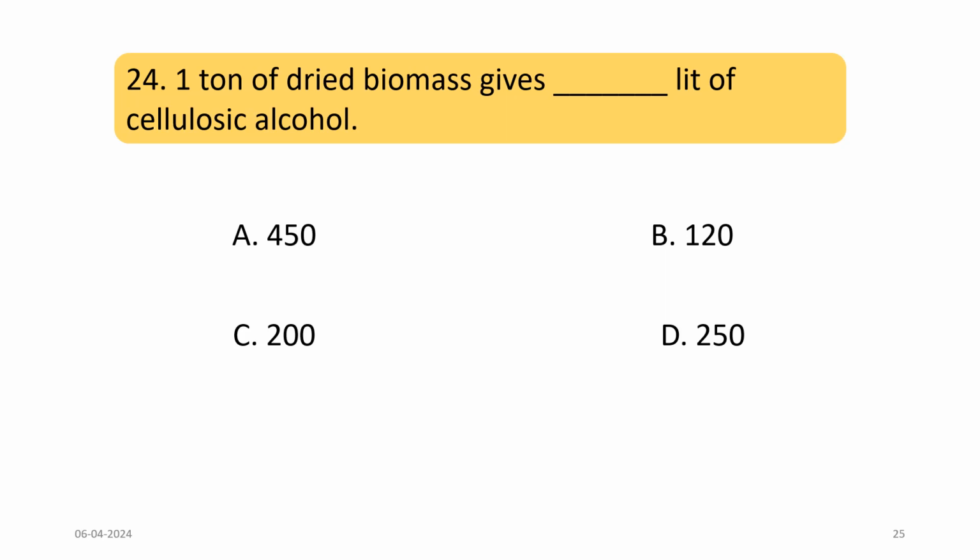We know that there is a limited amount of fossil fuel left, and if we use bioresourced raw materials, it will reduce the carbon footprint, which will lead to a reduction in climate change and the greenhouse gas effect, and that will increase the global economy also. But still, there are some challenges. So, coming to this question, 1 ton of dried biomass gives 250 liters of cellulosic alcohol.